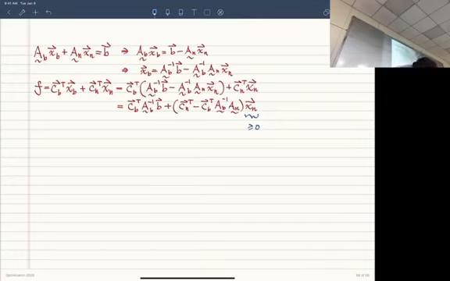Okay, so if I would like to make this function smaller and smaller, the only way that is possible is that maybe this whole thing should be negative. Because this part is either positive or 0. If these coefficients are negative, I'm making progress.